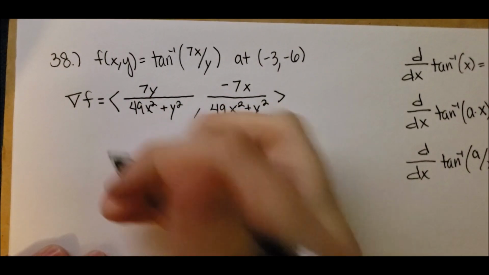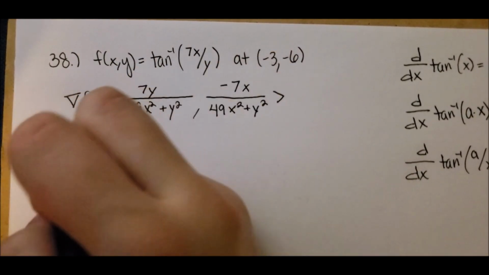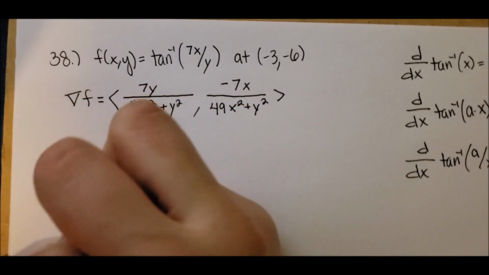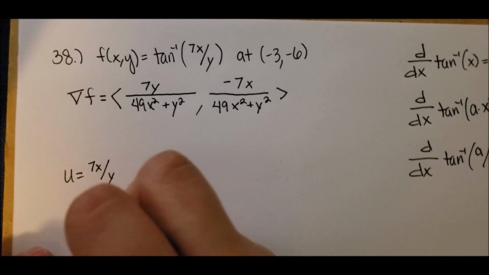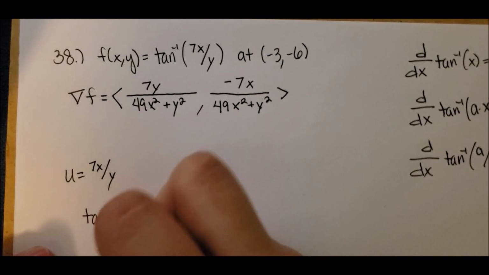So to actually compute this, I'm going to let u equal 7x over y. So that's going to give me the inverse tangent of u.